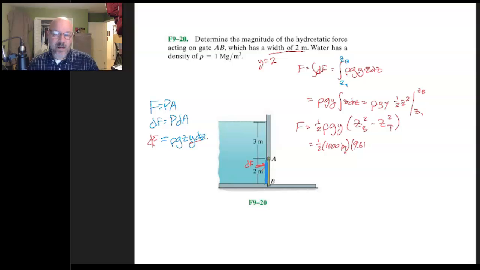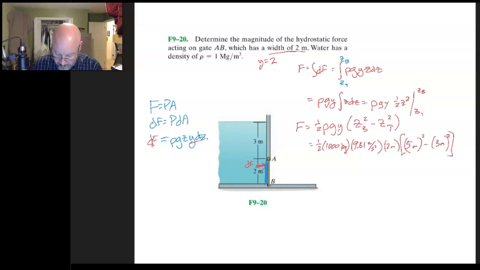That's centimeters, grams, seconds. We're using MKS, meters per second squared. I think I'm losing it, you guys. Y is 2 meters, and then we have z at the bottom, which is 5 meters squared minus 3 meters squared.